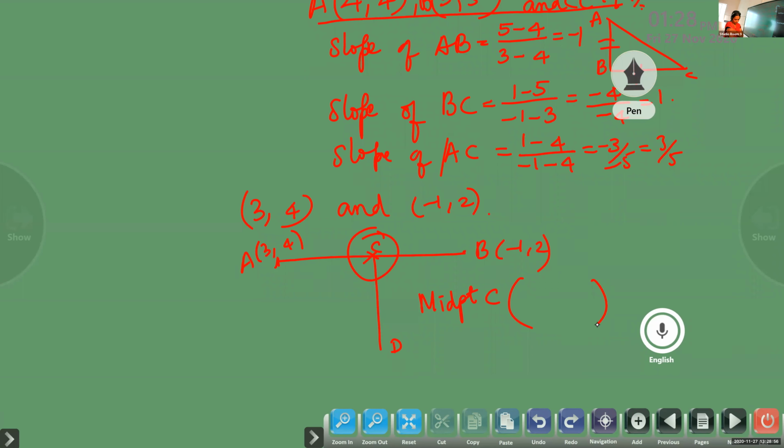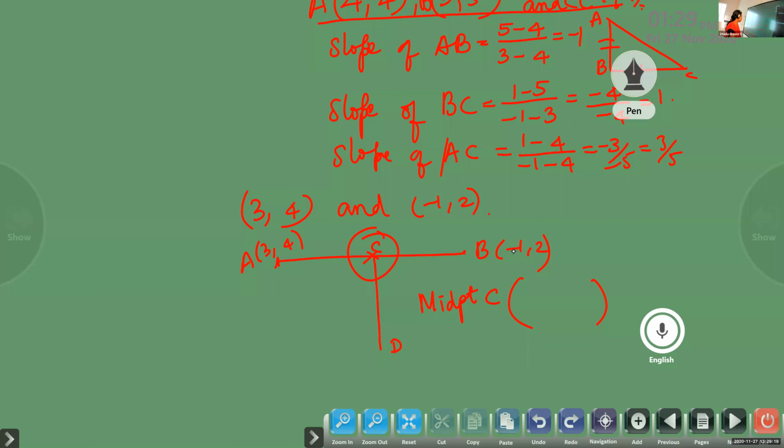So what about the midpoint? See here, midpoint formula. What is the midpoint?